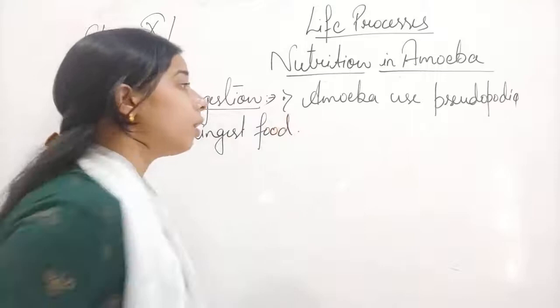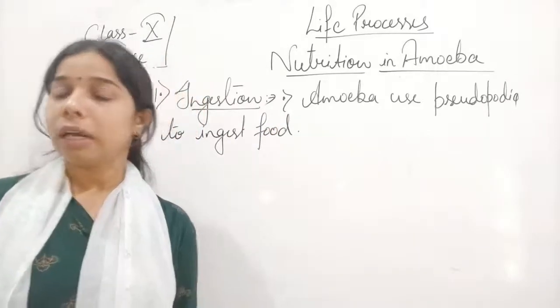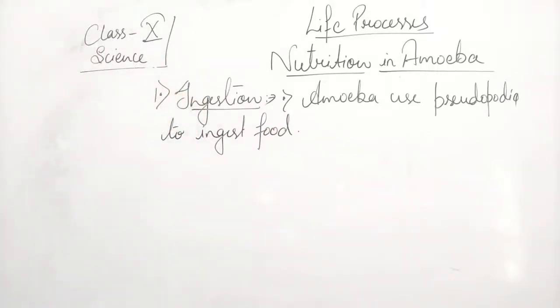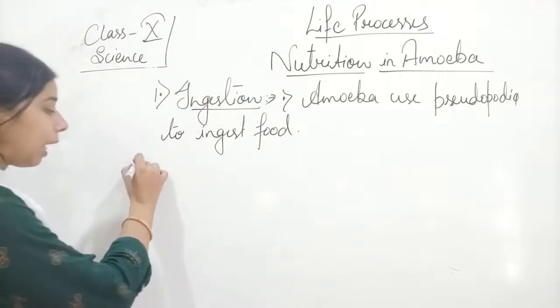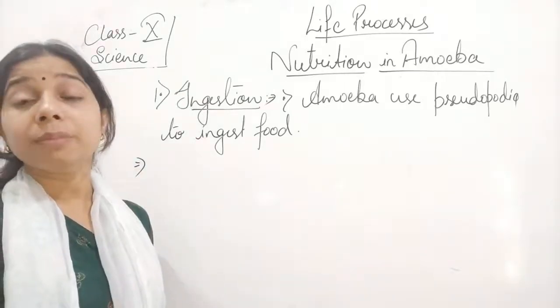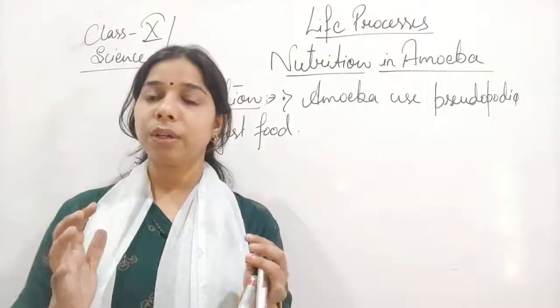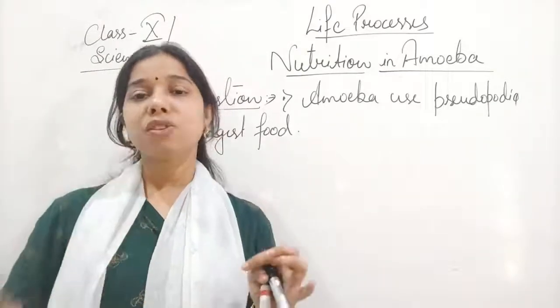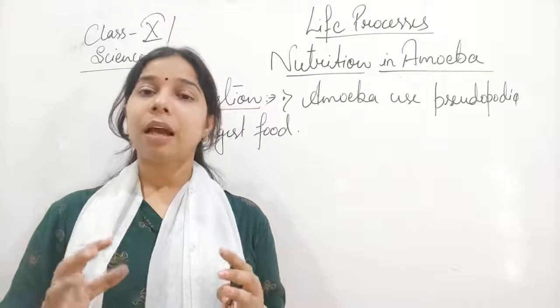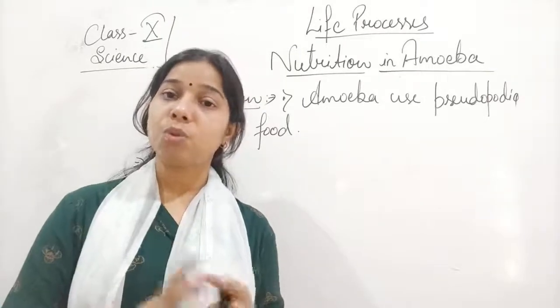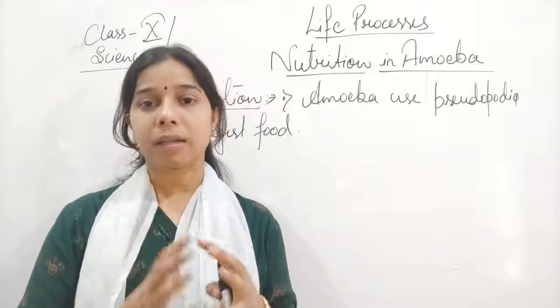So in order to ingest food, it uses pseudopodia. Basically, when the food comes near the amoeba, the pseudopodia make a shape in such a way that it will be easy to engulf the food particle.